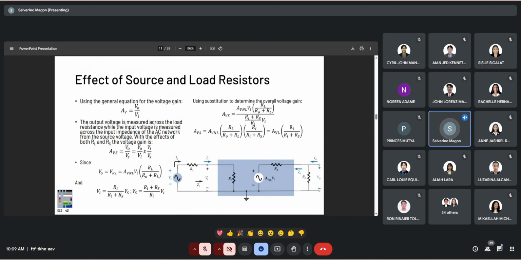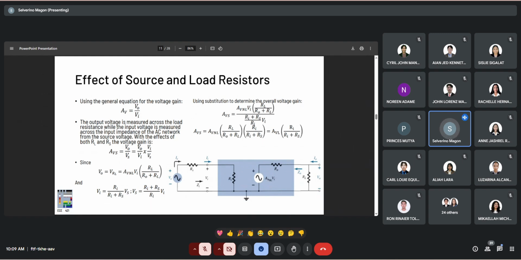With the effects of both RL and RS, the voltage gain AVS is equal to VO over VS, is equal to VO over VI times VI over VS. Since VO is equal to V across the load resistance RL right here, we'll use the same no load voltage gain times the VI, and then the voltage divider factor RL over RO plus RL.